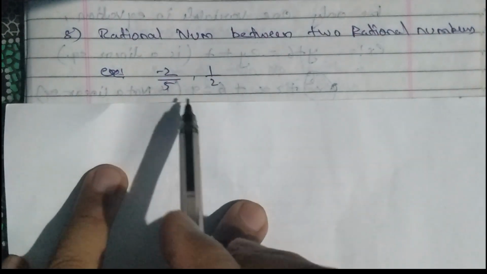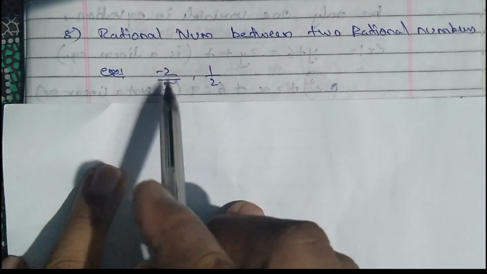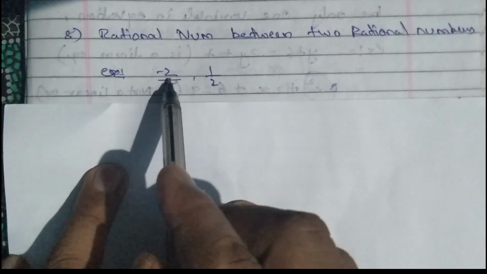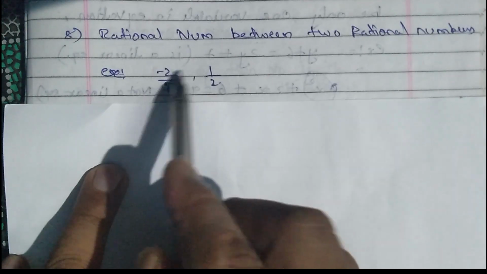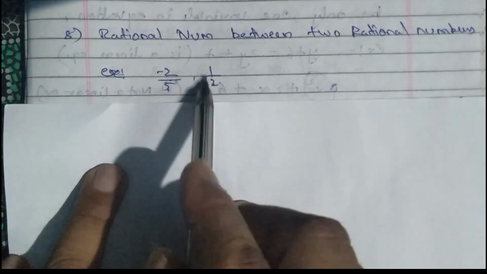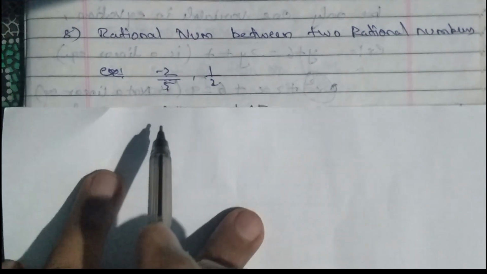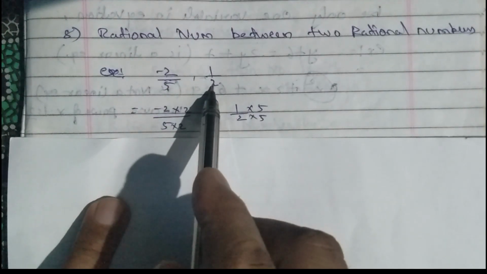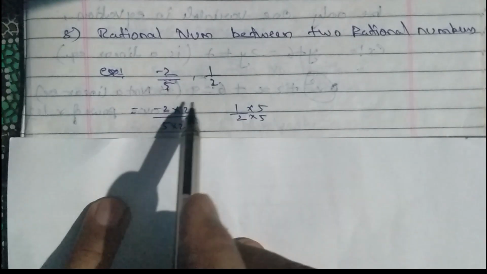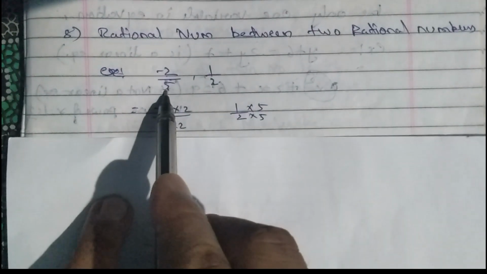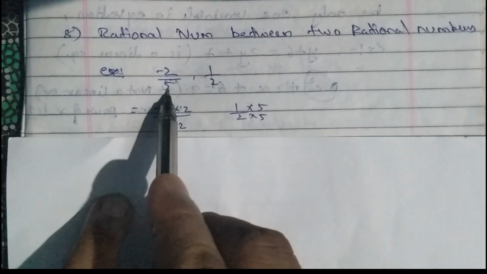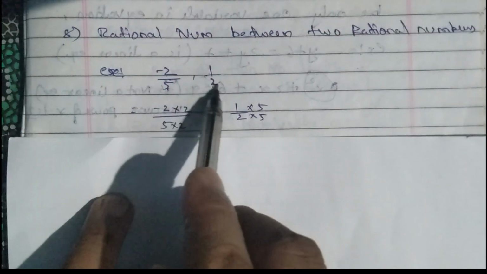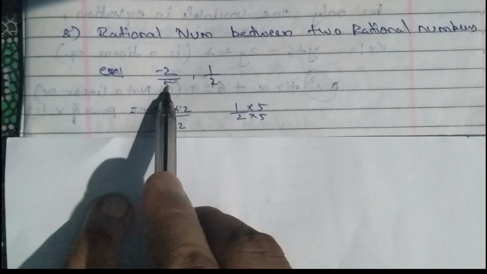For example, if we have two rational numbers, that is minus 2 upon 5 and 1 upon 2, there are infinite rational numbers between these two rational numbers. How? Let's see. Let's first make the denominator common. To make the denominator common, I should multiply 5 by 2 and 2 by 5 so that my denominator becomes 10 on both the rational numbers.